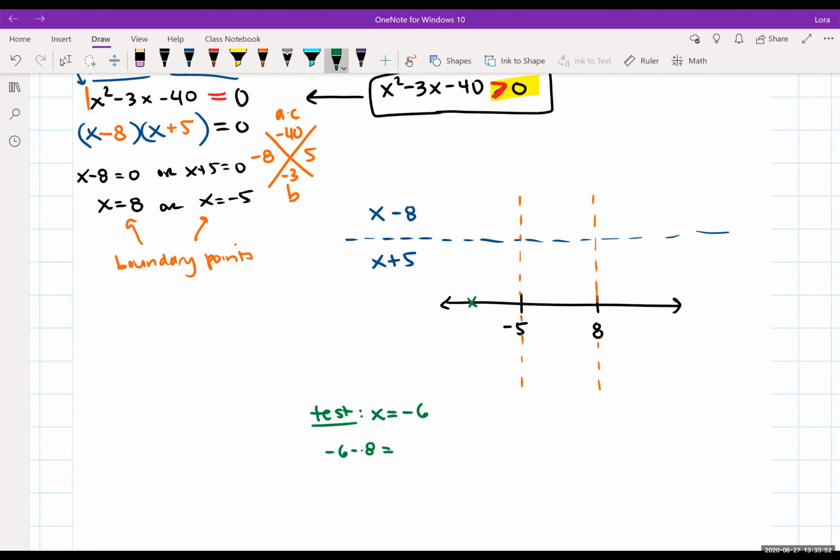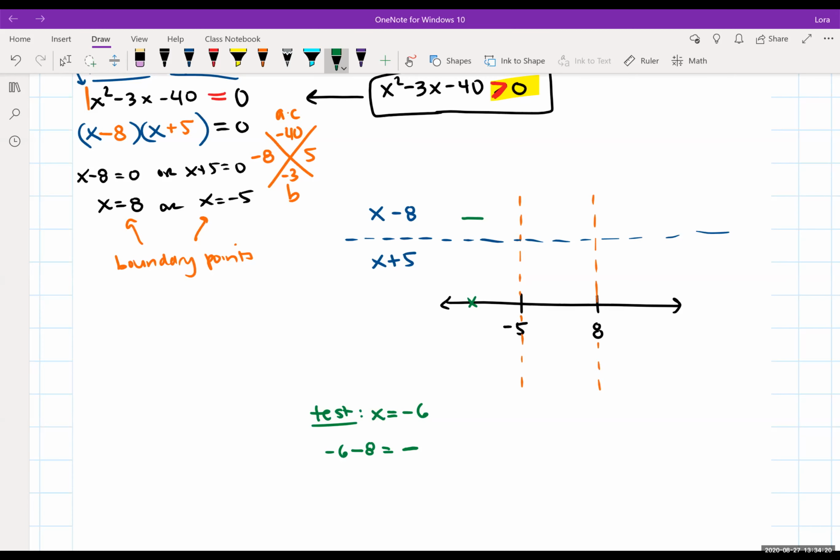We don't really care what the number value is. We just care if it's positive or negative. So we should get a negative number. So all I'm doing is writing a negative sign. Well, what you want to do is you chart this sign according to where it's located in the region. So we have the test region before the -5, and then the appropriate factor we plugged it into, we got a negative number, so we will draw a negative sign.